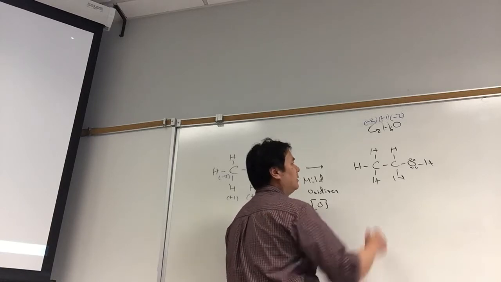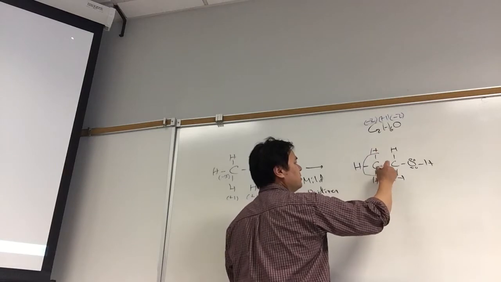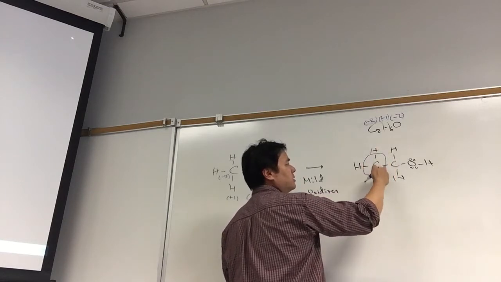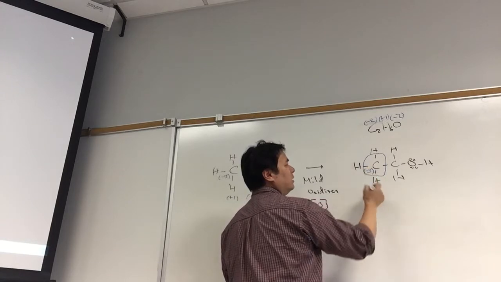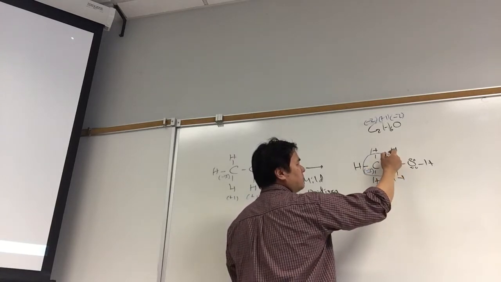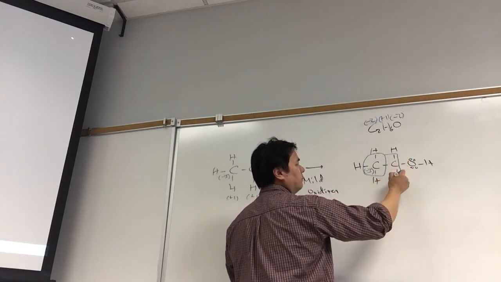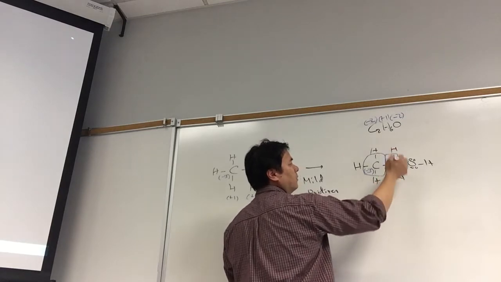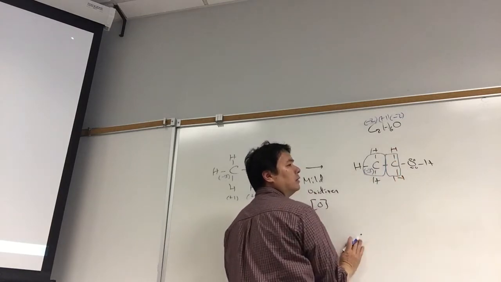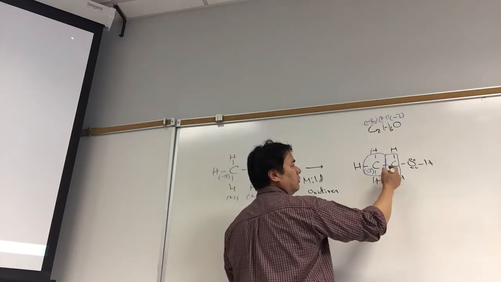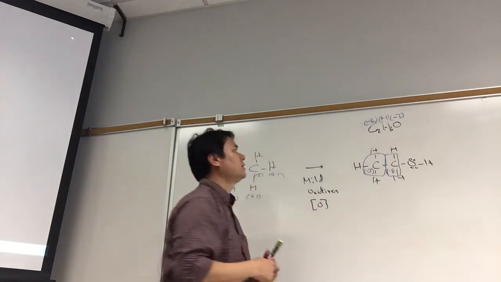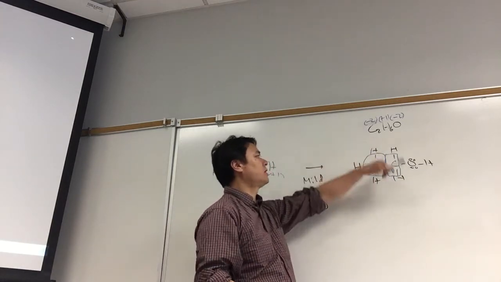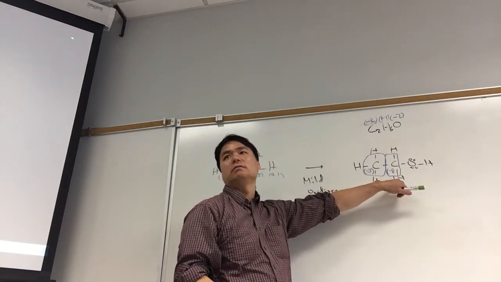You draw boxes, that helps. This would be quick. 2, 4, 6, 7, -3. Let's draw boxes around here. 2, 4, 5, -1. And so -2 is an average of -3 and -1.